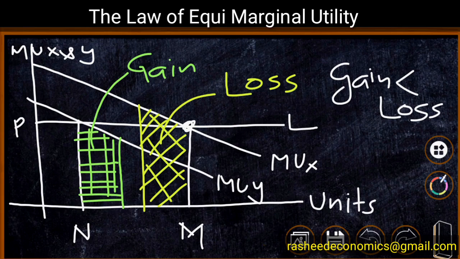Therefore, consumer equilibrium is the point where the consumer is having marginal utility of X equal to marginal utility of Y, or the consumer is having the same marginal utilities from X and Y. Here EX is the equilibrium point and EY is the equilibrium point related with Y. Therefore, EX and EY are the 2 points of equating marginal utility of X and marginal utility of Y. All other possible combinations of X and Y provide the consumer lesser utility.